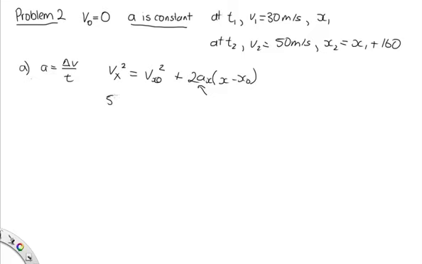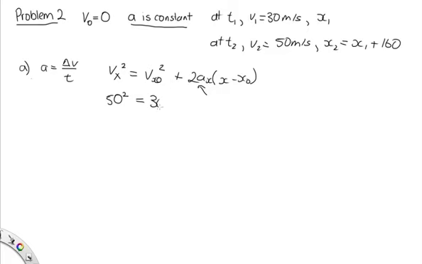The final velocity, which is at time 2, is 50 meters per second. Now the initial velocity, we don't actually know how far it's travelled between the initial time v0 and when it has time t2 and velocity v2. So we're actually better off using velocity 1 here as our initial velocity.